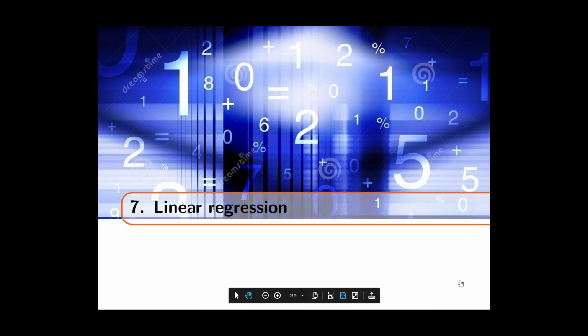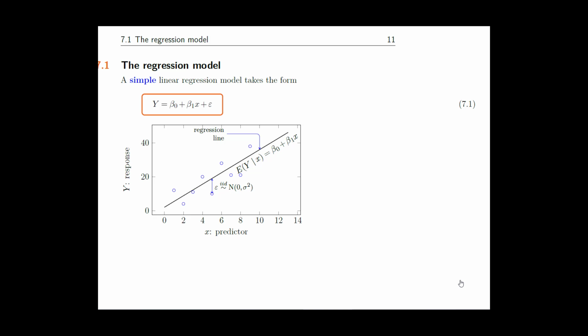Very good. So that's the end of chapter 6. Congratulations again. Let's talk about linear regression now. Probably the most important application of this course. Okay, so a regression model is typically a line, like you've seen here, where you have data in the form of x, y.